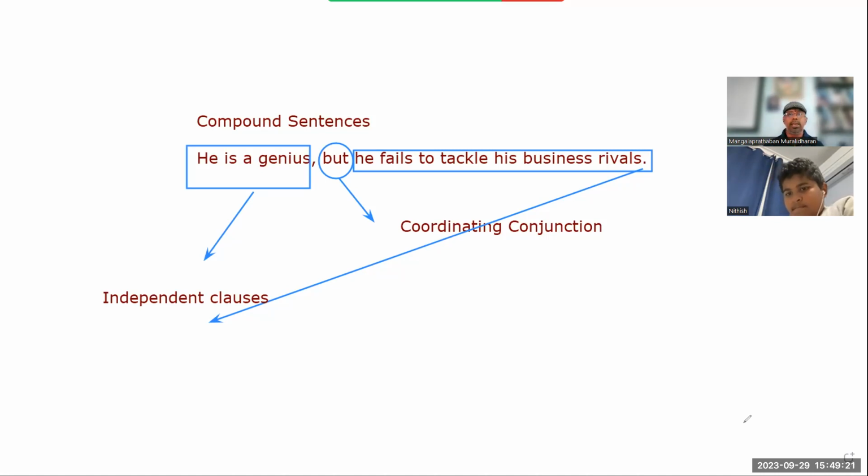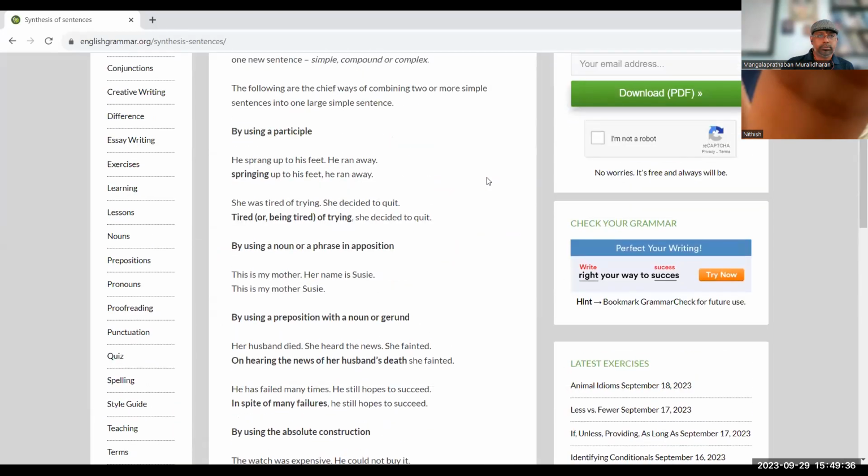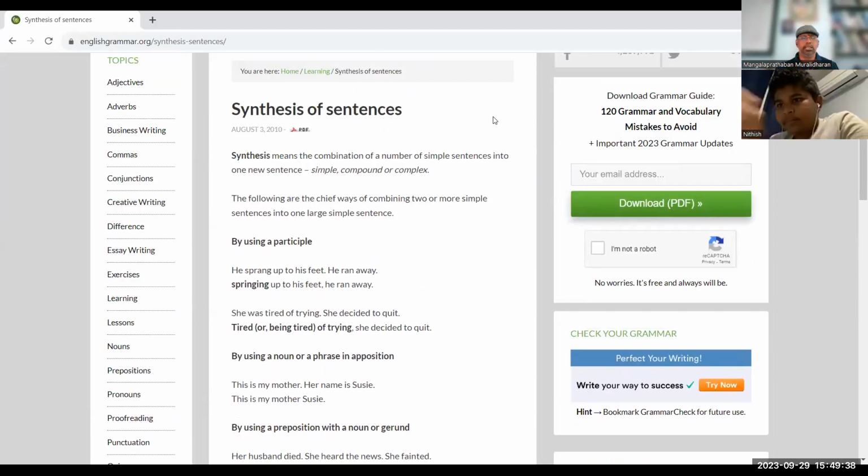I've tried to talk to you about varieties of clauses, but I'm going to the text now again. Let's get into the text. You see the text now, right? Let's start. Synthesis. What does synthesis mean? Synthesis means the combination of a number of simple sentences into one sentence, simple, compound, or complex.